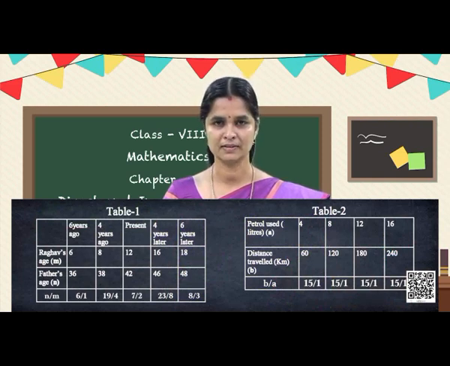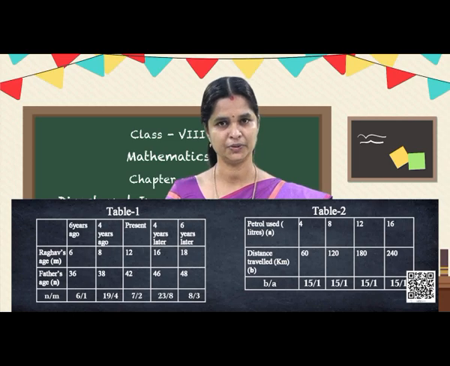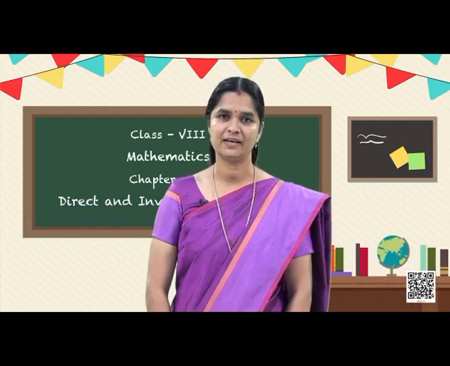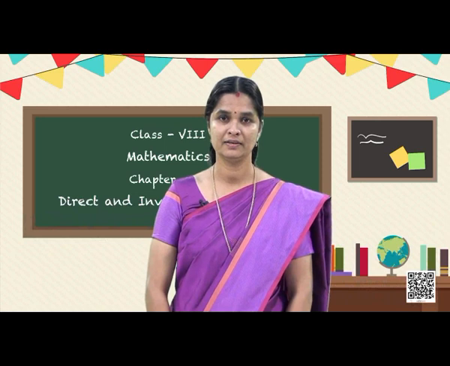That is, the ratio is not the same in the first case and the ratio is the same in the second case. So, now we can say that the values A and B are in direct proportion.